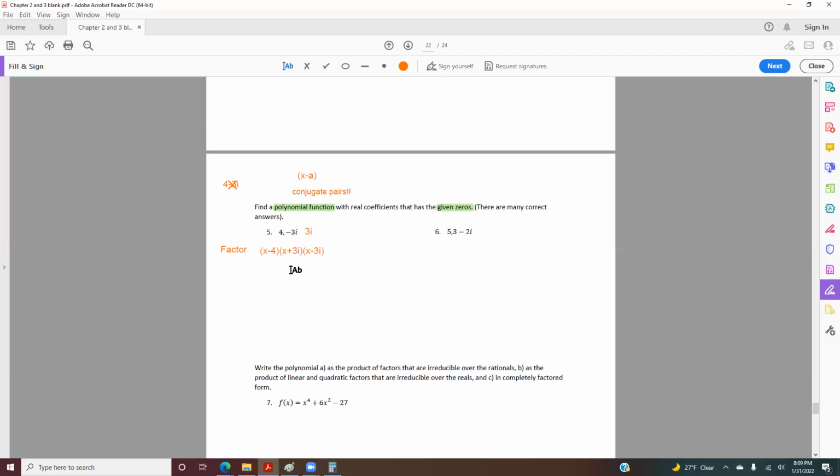I would recommend you FOIL the imaginary ones first, because if you do, you will get a very clean, very nice answer. But if you FOIL the first 2, you will get icky numbers with i's and whole numbers and x and all these things. So I always recommend FOILing the imaginary part first. Leave the x minus 4 for later. Go ahead and FOIL x plus 3i and x minus 3i.